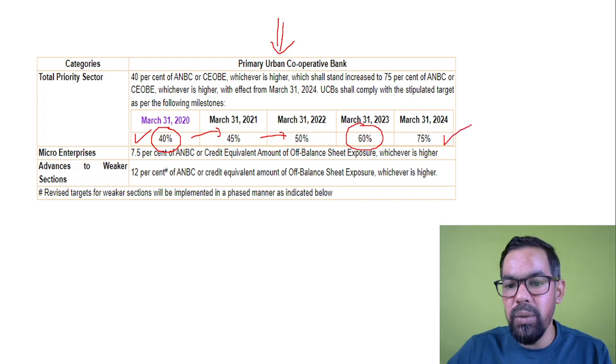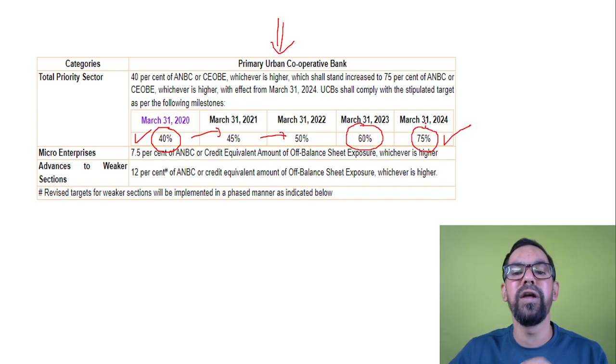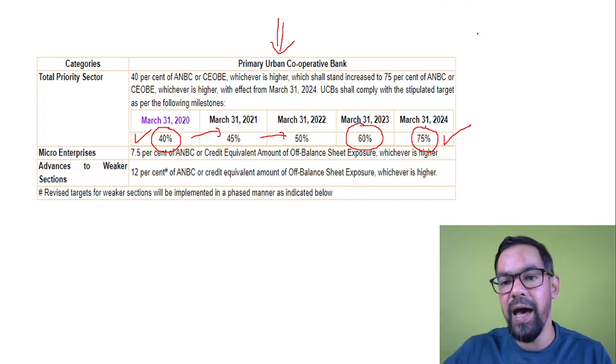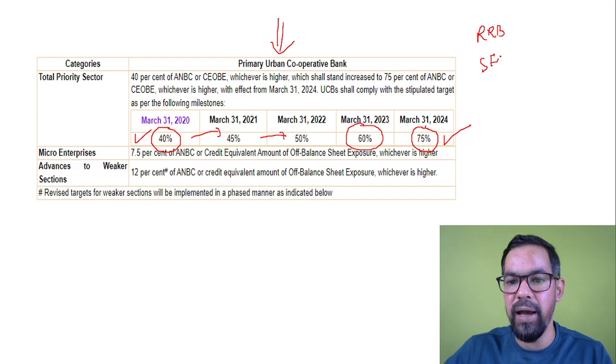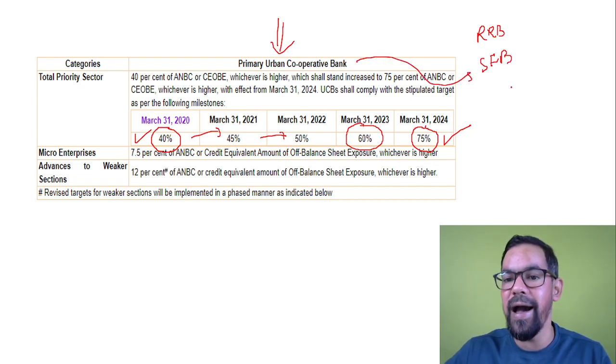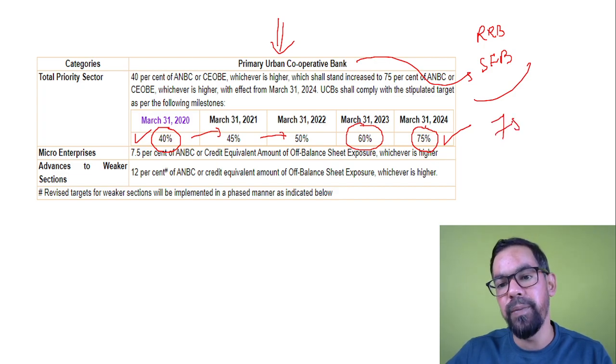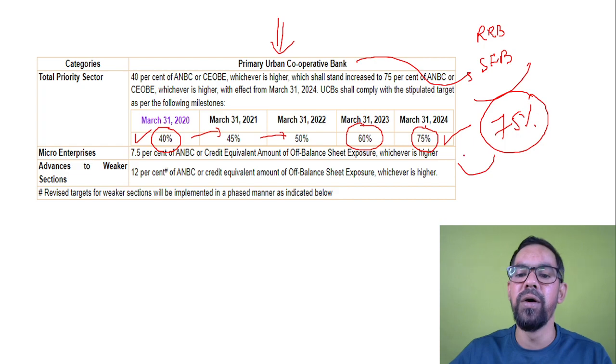From next year onward they have to match this 75%. So RRBs, regional rural banks, small finance banks, and urban cooperative banks have to lend 75% of their net annual credit to the priority sector.